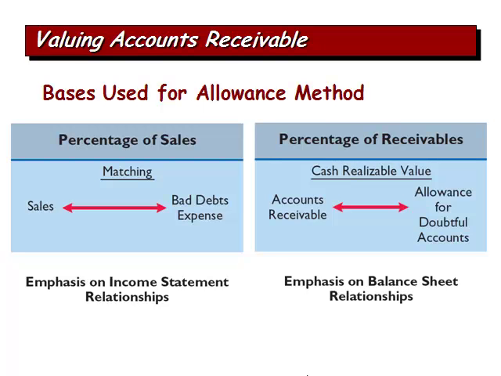We have a couple of methods used for figuring out the allowance. I said earlier the credit manager was estimating, and hopefully he had some rationale for it. We have two basic approaches.